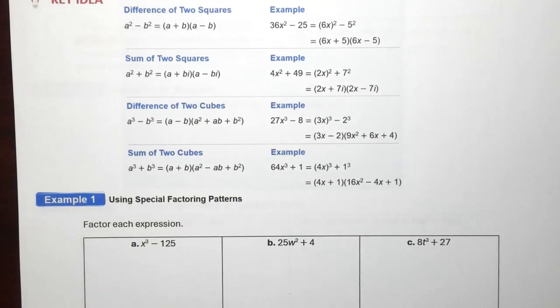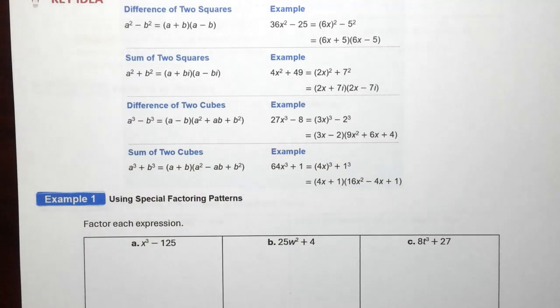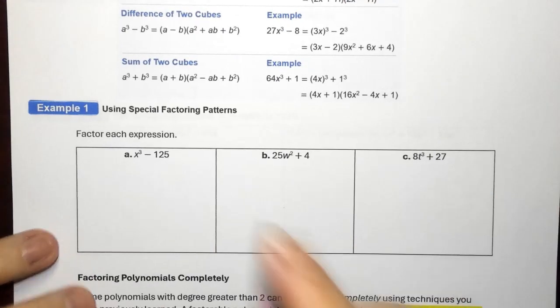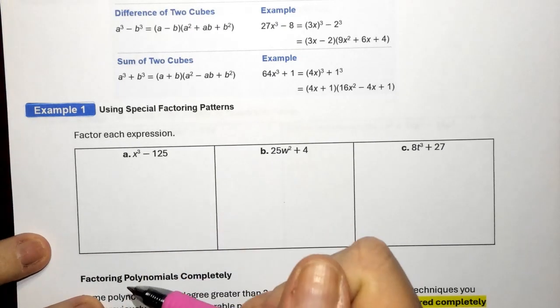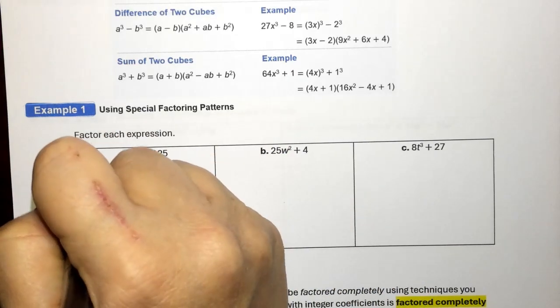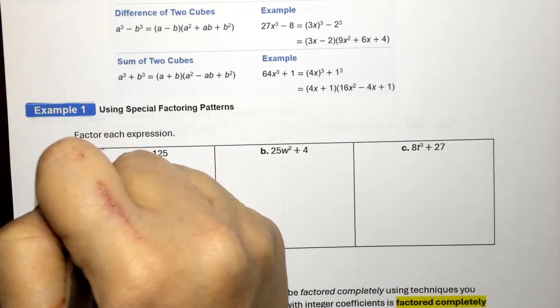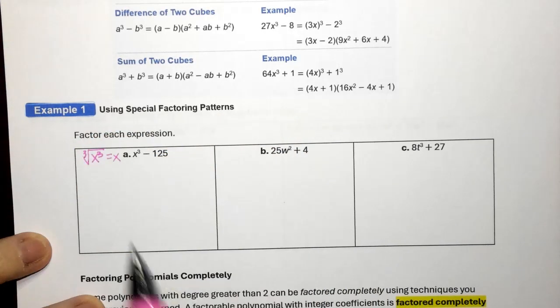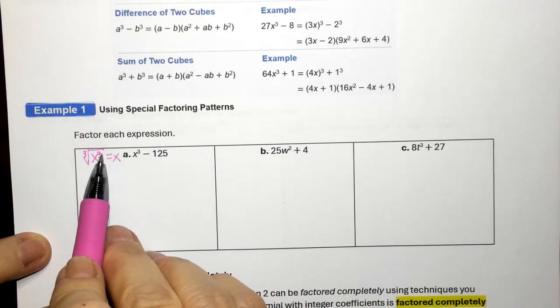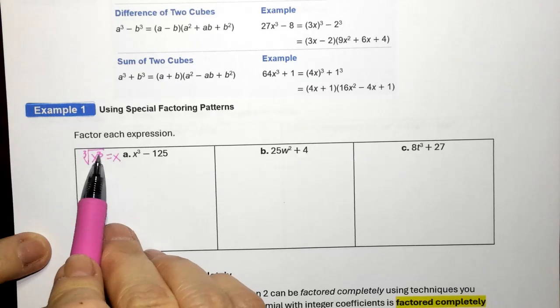So how can you do that, you ask? Great question. We're basically going to find what is the cube root of this, what is the cube root of that, and that will give us our a and our b value. So what is the cube root of x cubed? Well, that would be x, because remember I taught you that the cube roots and these cancel each other out.